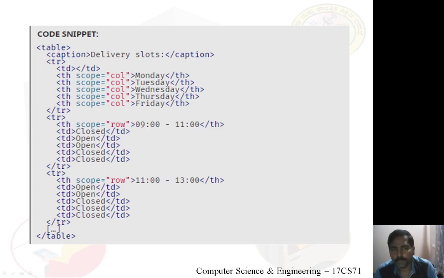Now for the subsequent rows, only the first cell in the row contains a header. So for the first cell in that row, I am using th, whereas for the subsequent cells in that row, I am using td. This is how we can create multiple headers, either row-wise or column-wise.